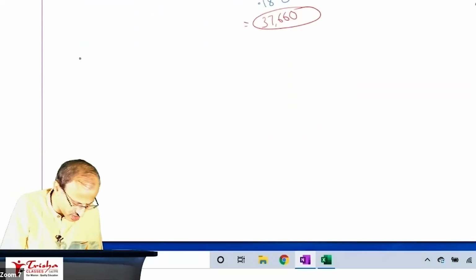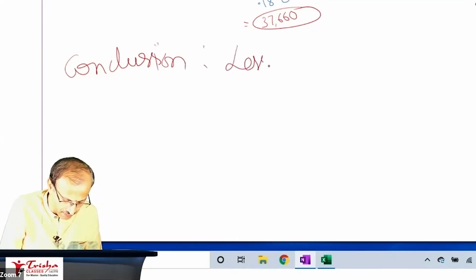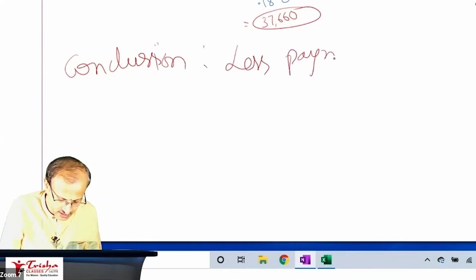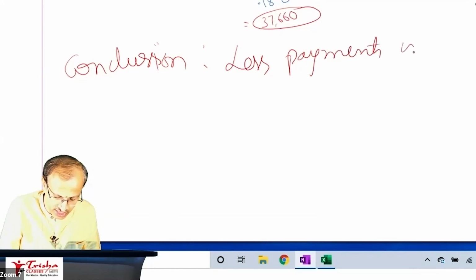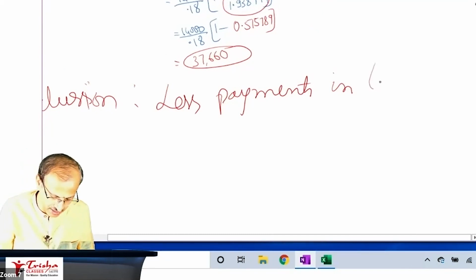Write down the conclusion. Less payments, actually outflow, in which option? Less payment in the leasing option.